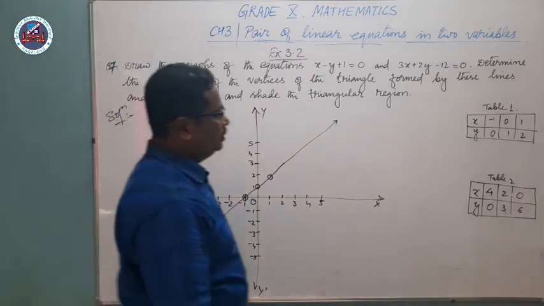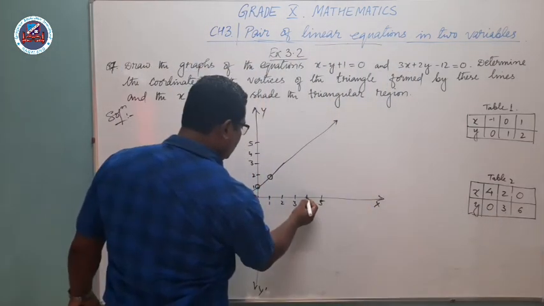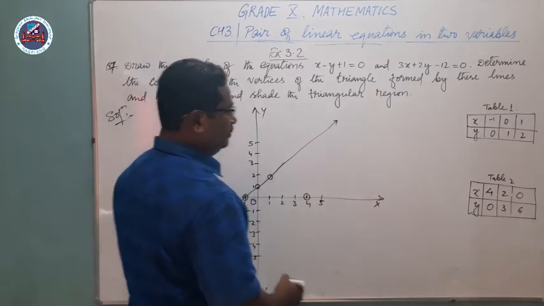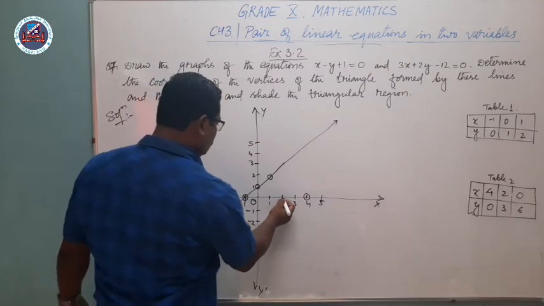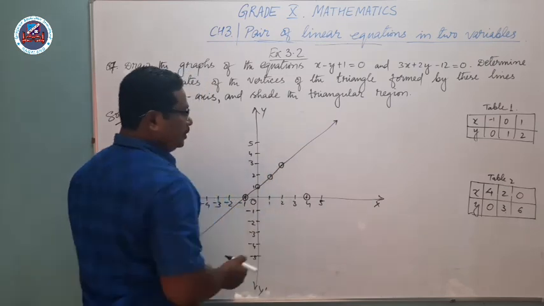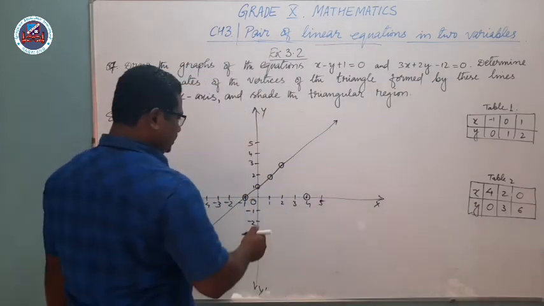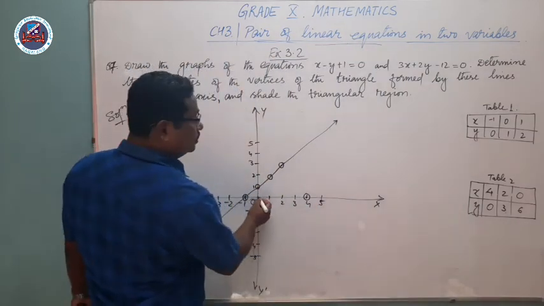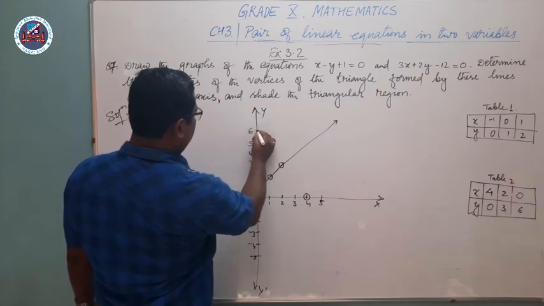Then for the second equation, x is 4, y is 0, you mark it there itself. X is 2, y is 3, so it will come here, this is 3. Then x is 0, y is 6, 6 is here suppose.